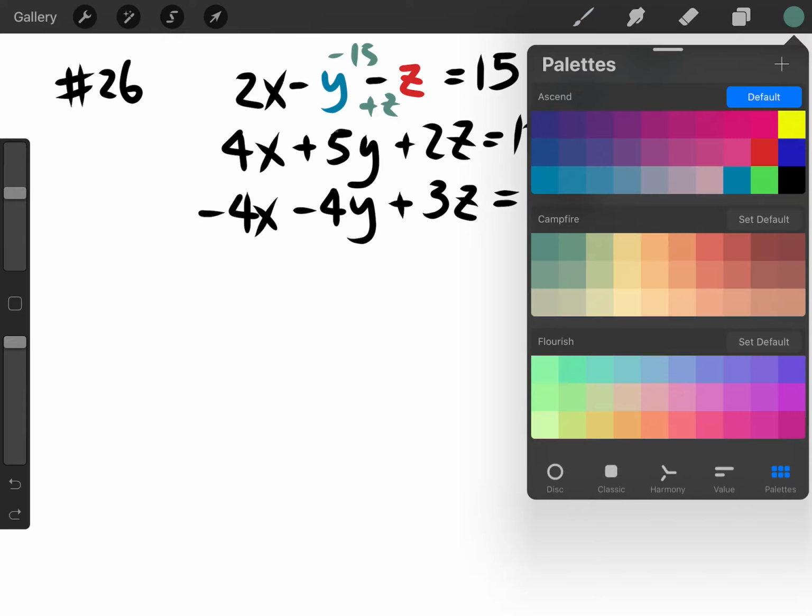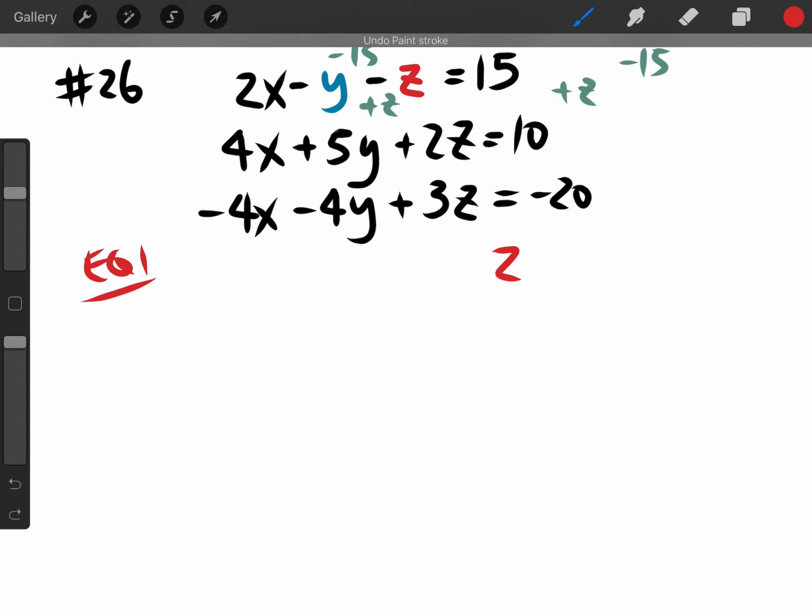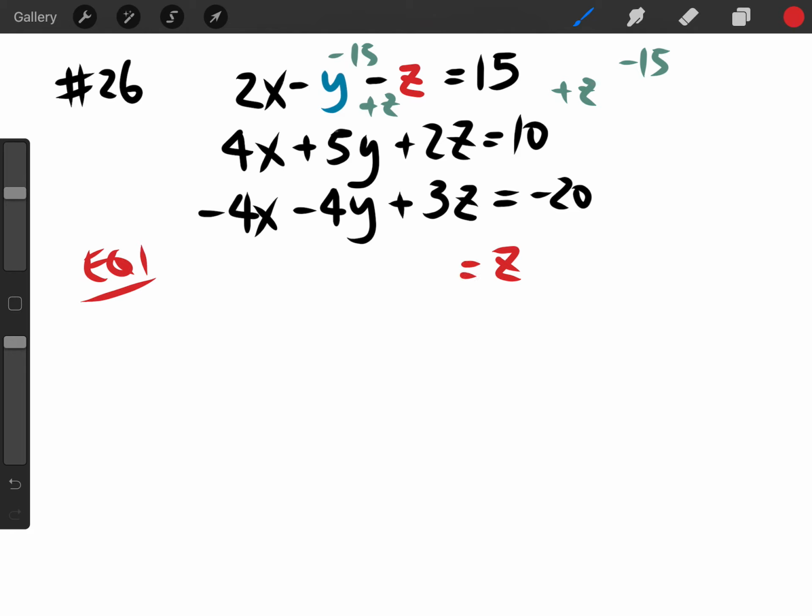Okay, so what it's gonna look like is, this is equation number 1. That's a rewrite. Okay, so it's gonna be z equals 2x minus y minus 15. Okay, you should pause anytime you feel like you have any confusion over this.